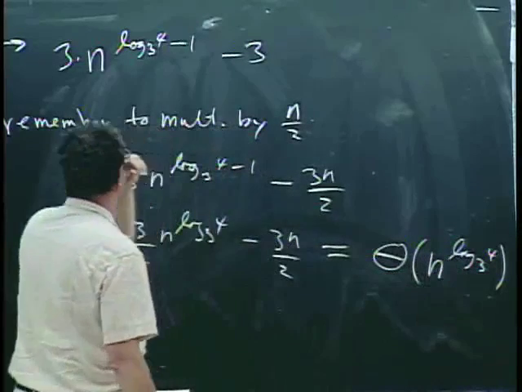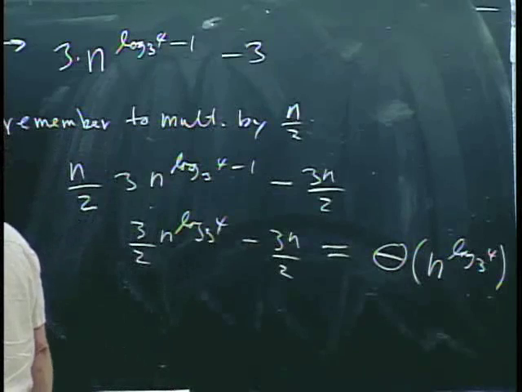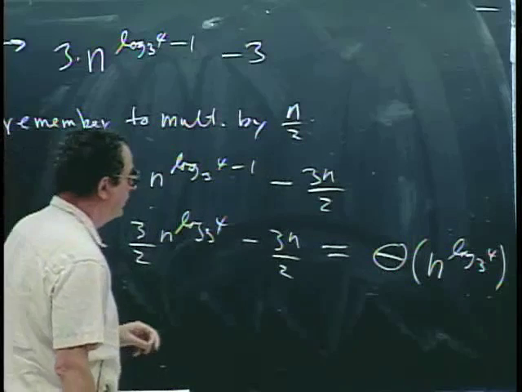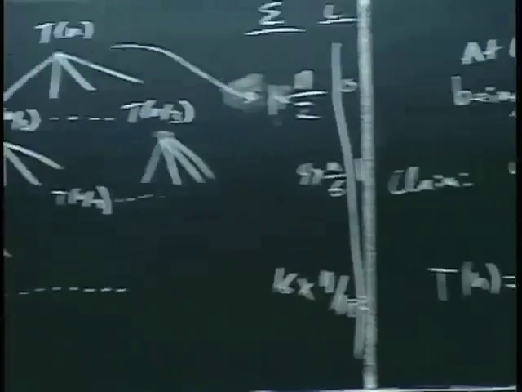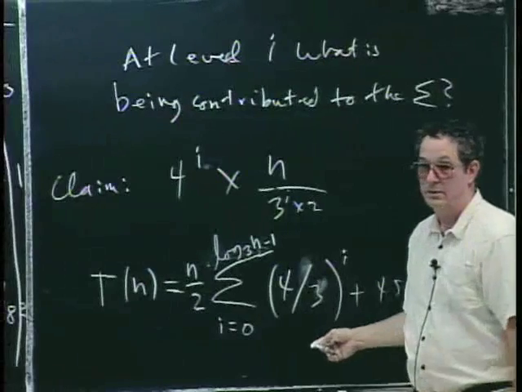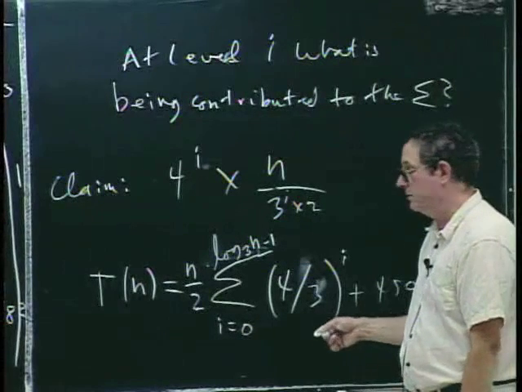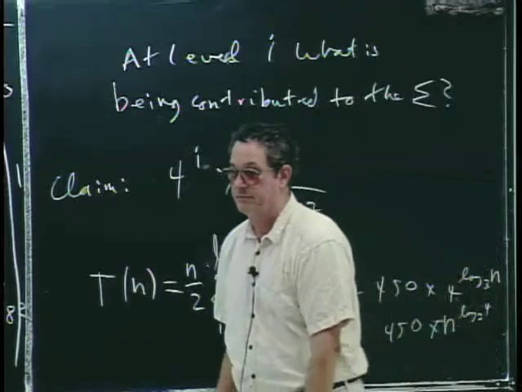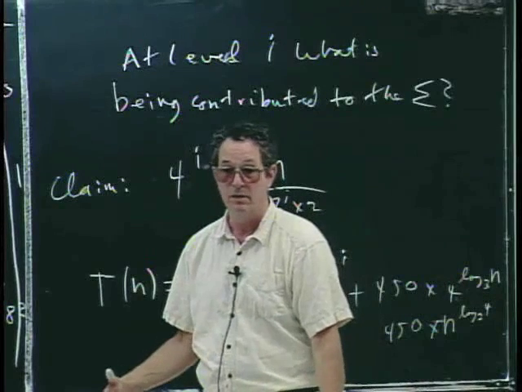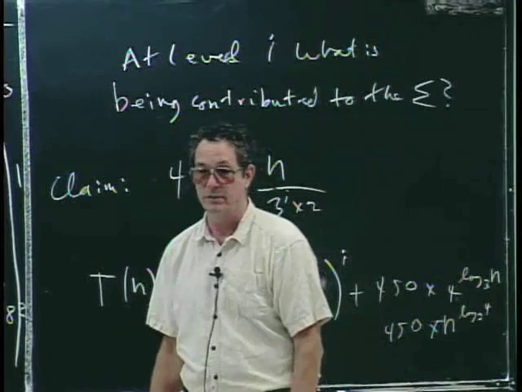Does that mean, by the way, that this recurrence, T of n, solves to theta of n to the log base 3 of 4? Where's the recurrence? It's gone. Yeah, here it is. T of n equals that. Is T of n equal to theta of n to the log base 3 of 4, or is T of n just big O of n to the log base 3 of 4?